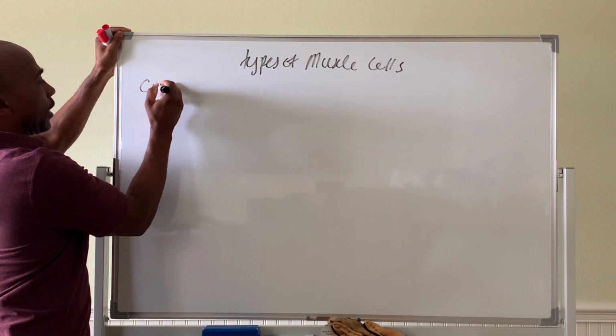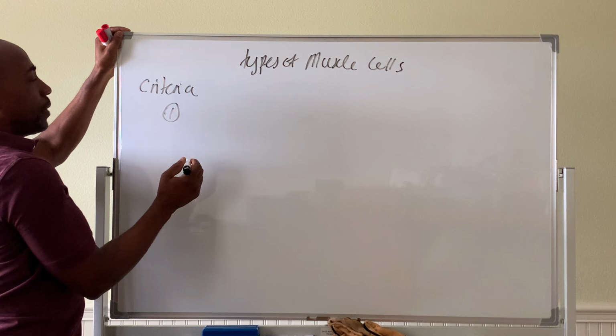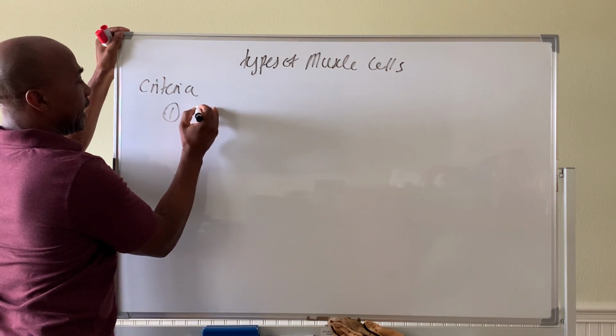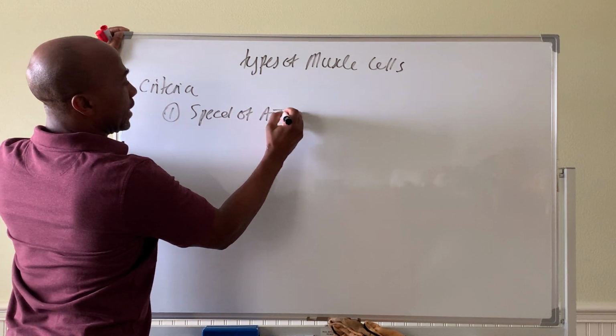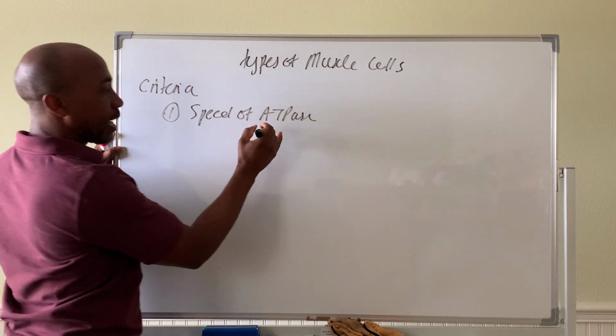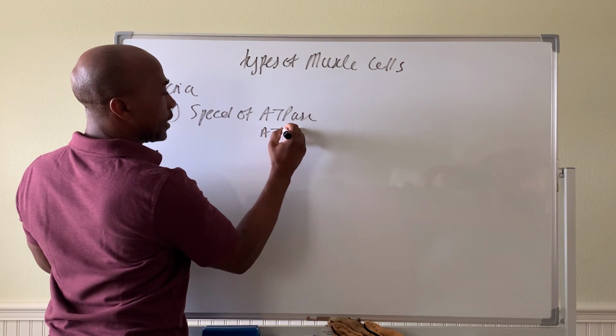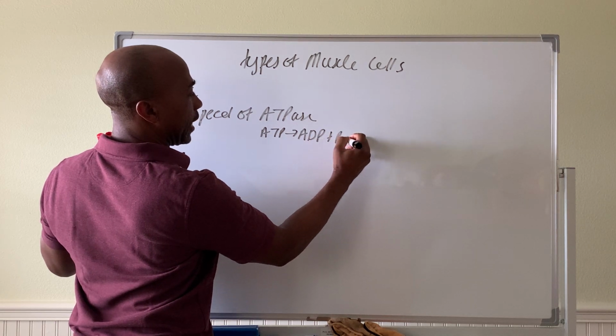The criteria we use to classify them is one, based on the speed of the ATPase. That's in myosin. Remember, that's the enzyme that converts ATP to ADP and Pi.